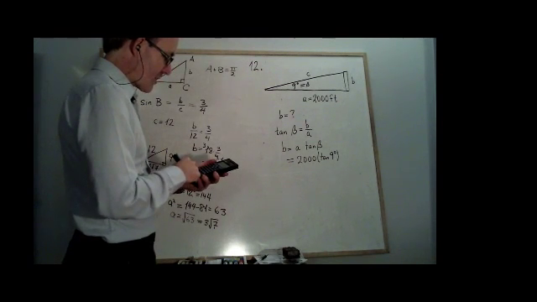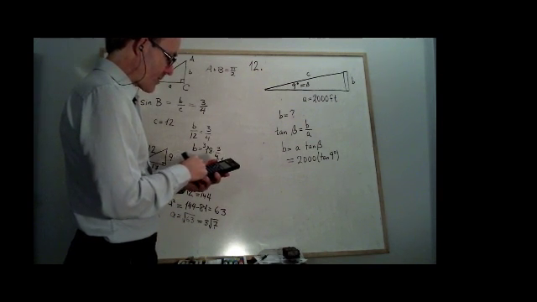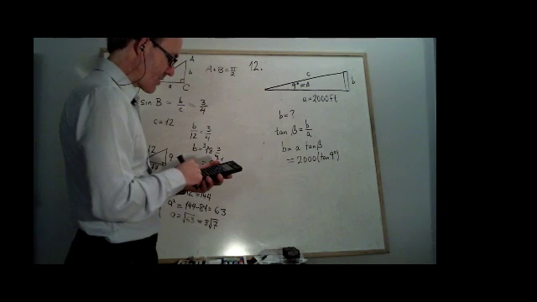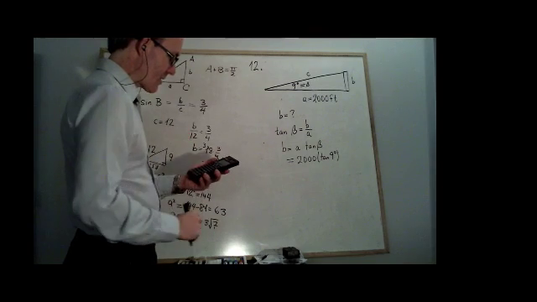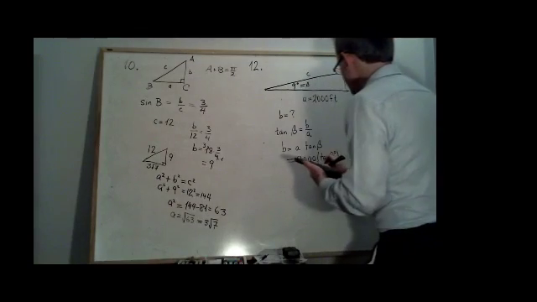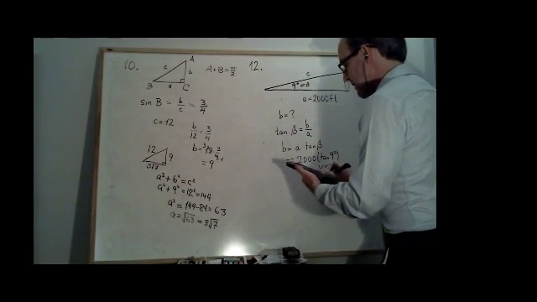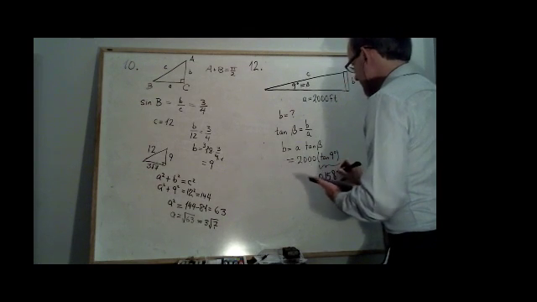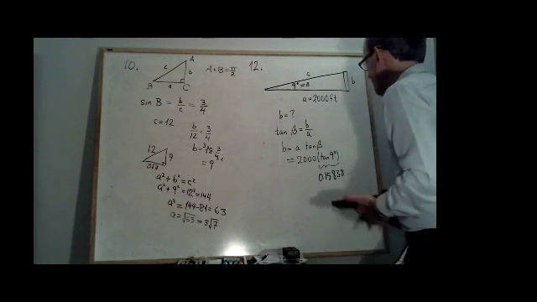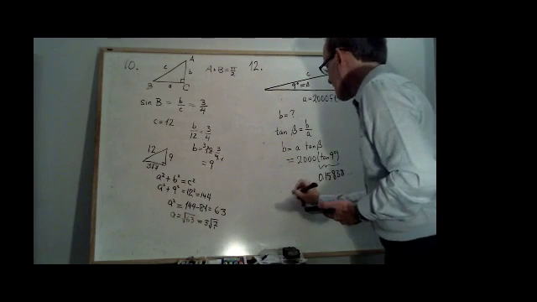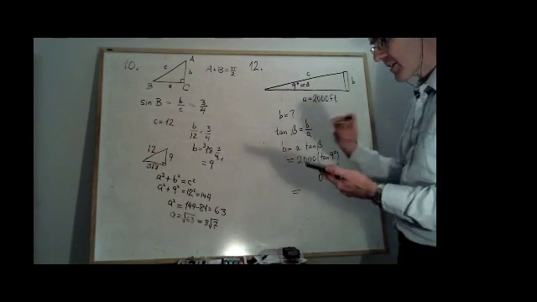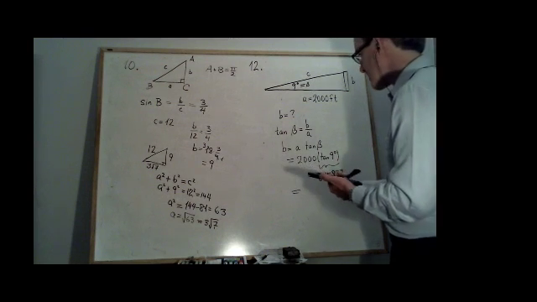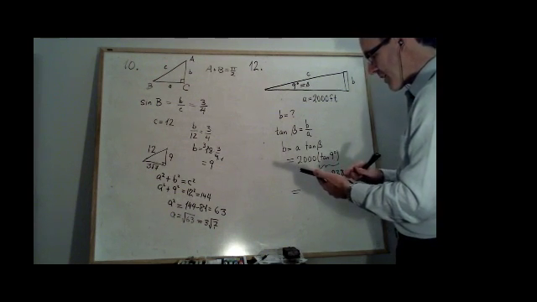And then, just to find out what the tangent of 9 degrees is by itself, I'll take tangent of 9, and that's 0.15838, and so on. Or you could do it by the sine of 9 degrees divided by the cosine of 9 degrees. But we have the tangent function on the calculator, I might as well use that and do it all in one step. And we just multiply that by 2,000.